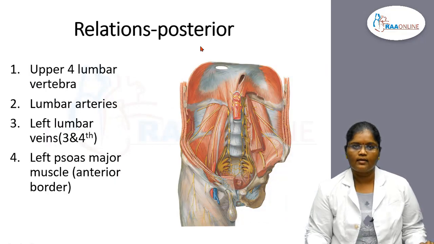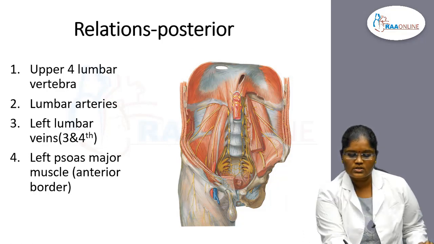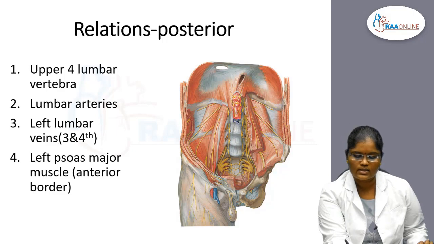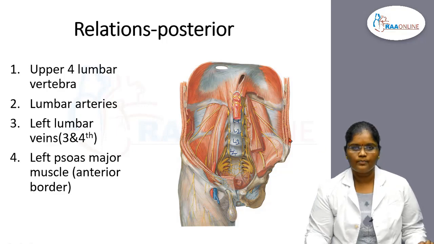The posterior relations of the abdominal aorta. This is the cut portion of the abdominal aorta. After you cut and remove the abdominal aorta, you can see the 4 lumbar vertebrae. This is L1, L2, L3 and L4, and also the lumbar arteries.